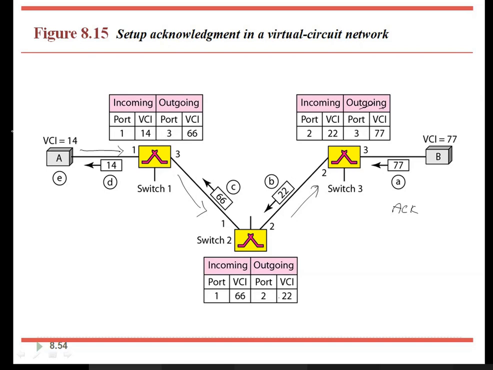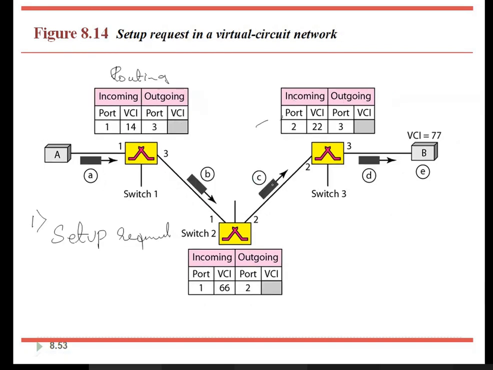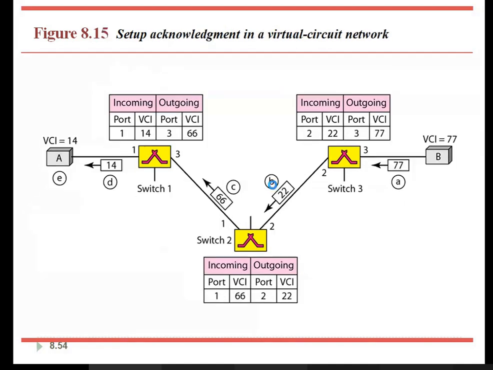So this is how the routing table is built during the setup phase, in two steps: setup request and setup acknowledgement. When it is sending the acknowledgement, during that time the outgoing VCI is updated in the routing table. So you need to remember that. Everything else is updated when the request is sent itself.